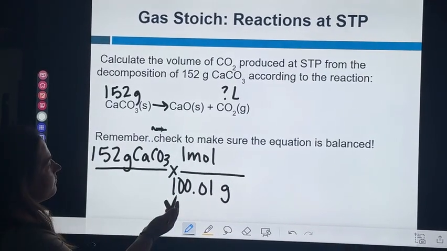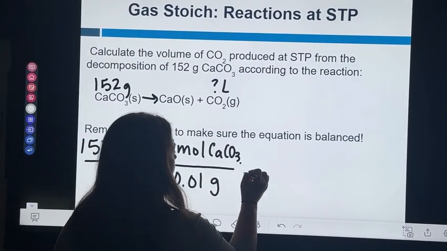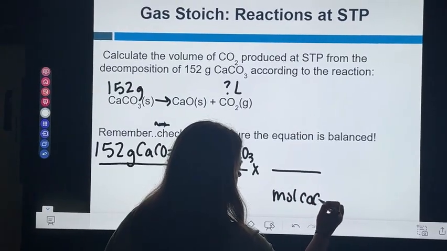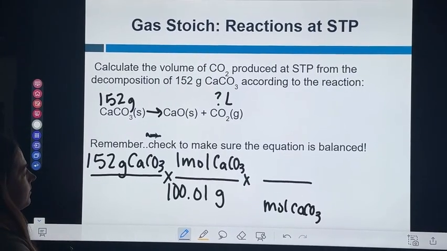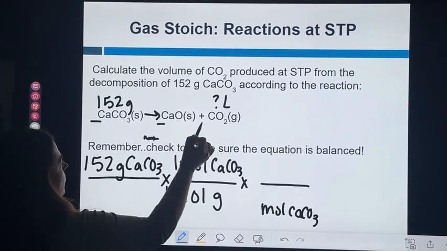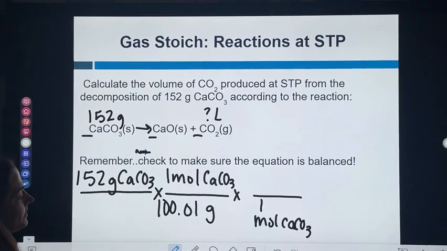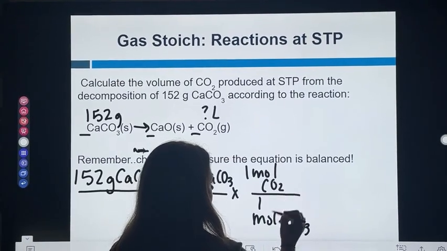Now, since we have moles of calcium carbonate at the top, we need moles of calcium carbonate at the bottom. This is going to be our mole bridge. We're going from one substance to another. Our coefficients are 1, so it's 1 mole of calcium carbonate to 1 mole of CO2.